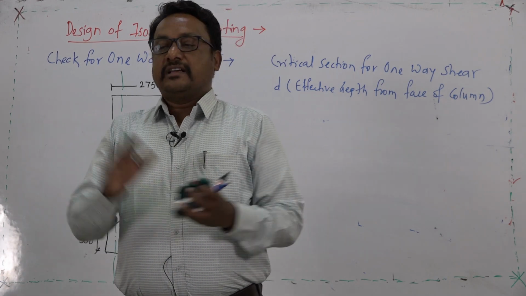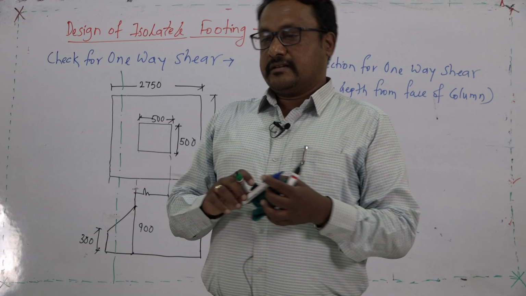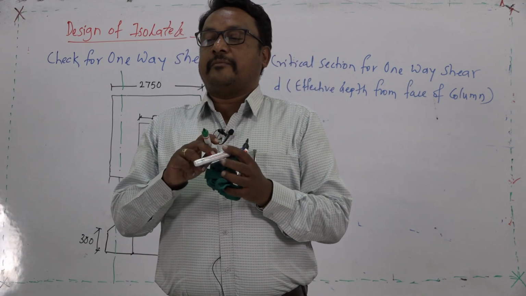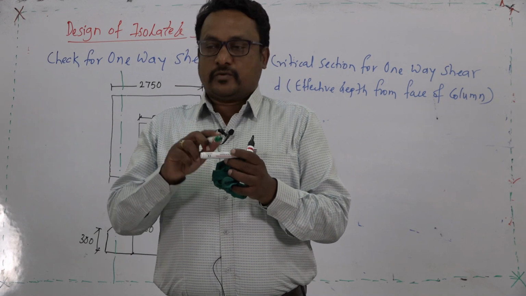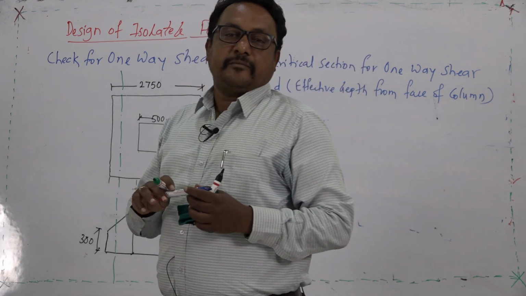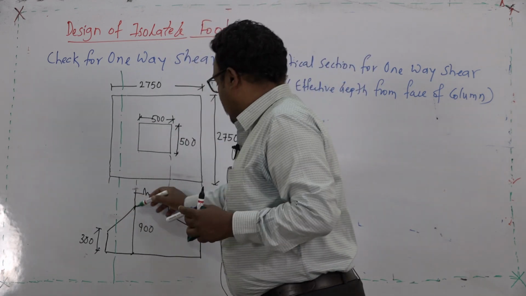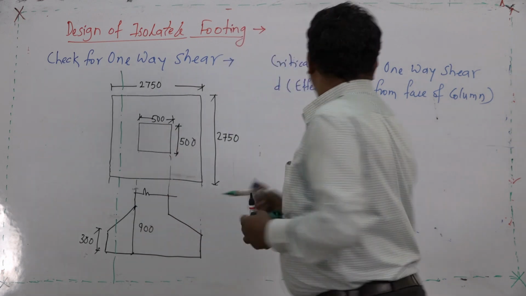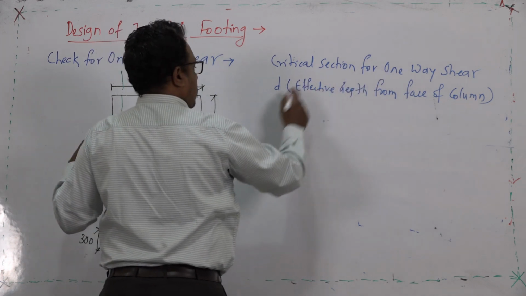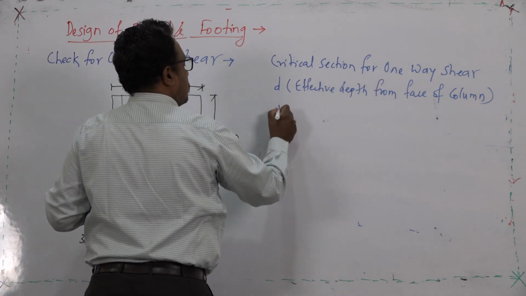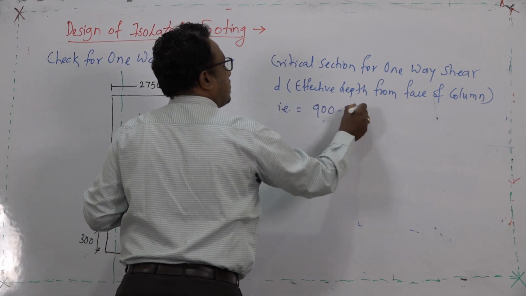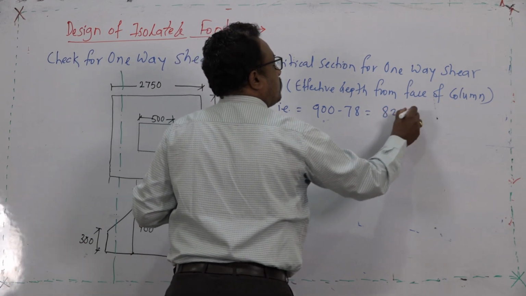The 78 mm consists of 60 mm clear cover, 1 bar diameter of 12 mm and half of bar diameter which is 6 mm. So, 60 plus 12 plus 6 becomes 78 mm, and we deduct that from the overall depth to get the effective depth. So, the critical section for one way shear will lie at a distance of d. I will write here 900 minus 78, that becomes 822 millimeter.